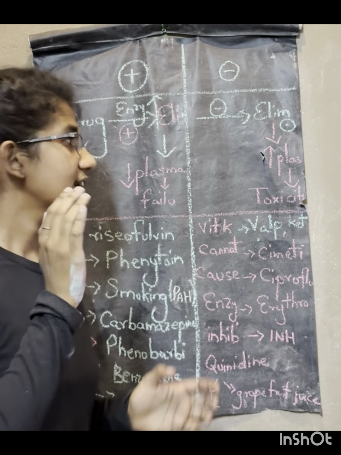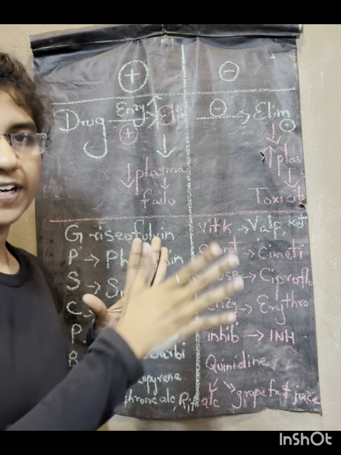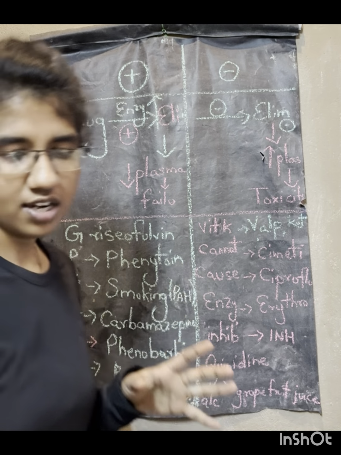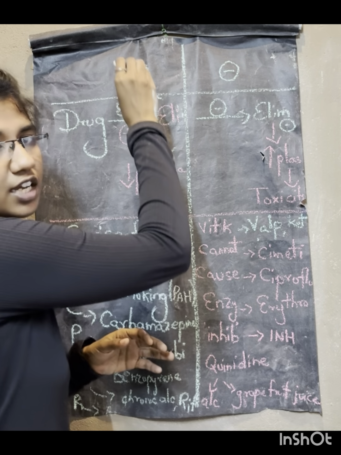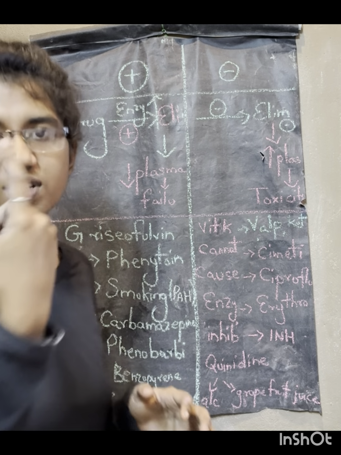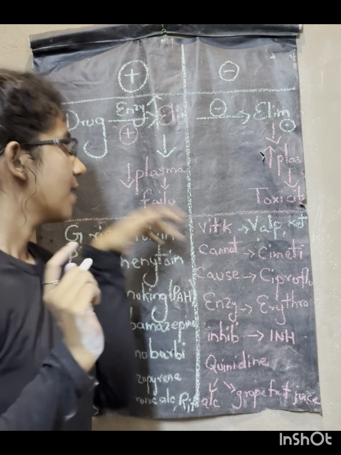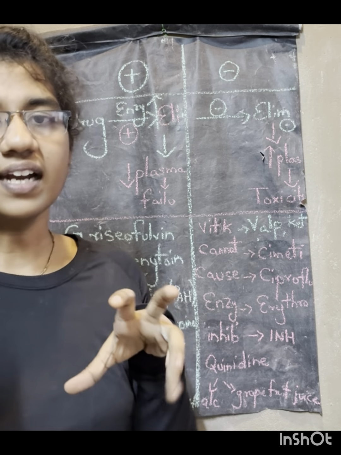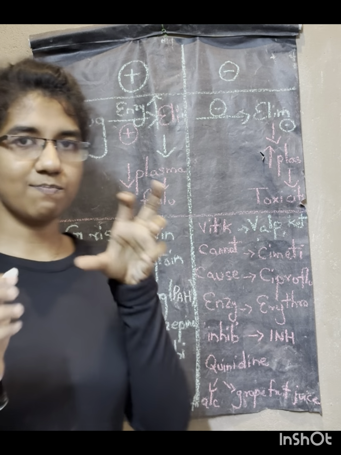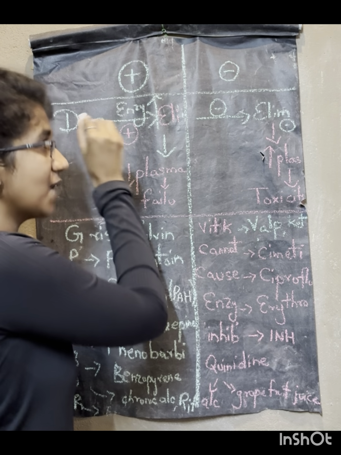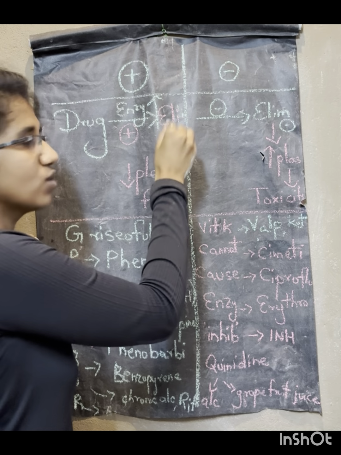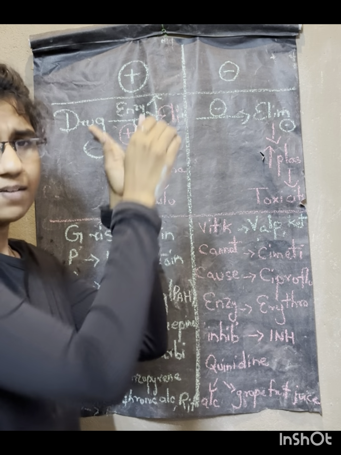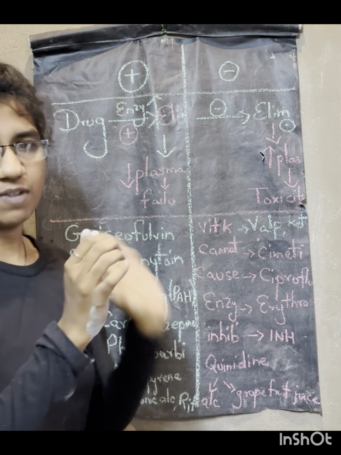We'll now see about enzyme inducers and inhibitors. The concept is this: don't think inducers will increase the drug concentration, because enzyme inducers are substances that induce the enzymes. For example, a drug is metabolized by an enzyme to its inactive form and ultimately eliminated.